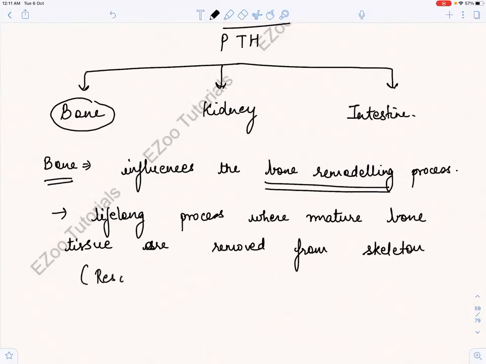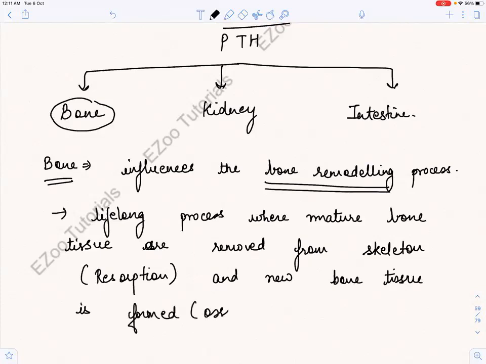You will encounter this word again and again. And new bone tissue is formed. So this is what bone remodeling is. And new bone tissue formation is ossification, right?